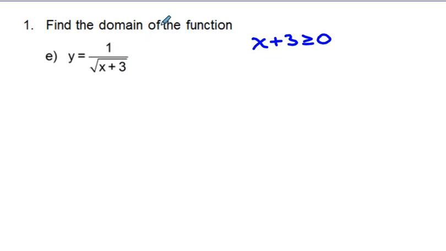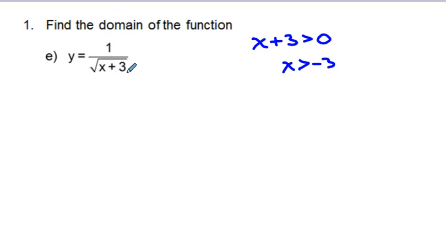Well, no, it's not quite right, because not only does x plus 3 have to be greater than or equal to 0, it actually has to be greater than 0. Now why does it have to be greater than 0? Well, that's because we cannot have 0 when we have this expression in the denominator. So therefore x has to be greater than negative 3.